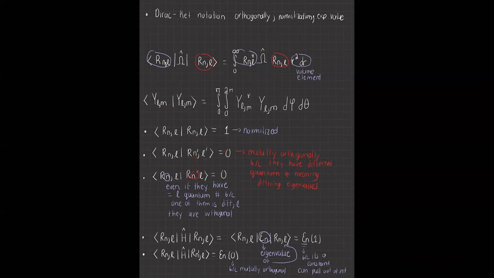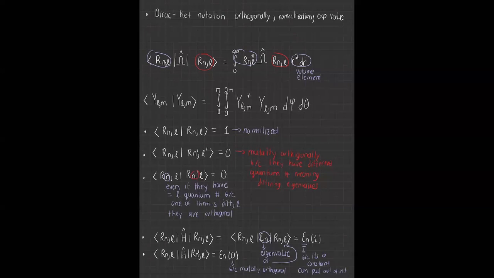This means they're mutually orthogonal, meaning that they have different eigenvalues, which means they have different quantum numbers. Because a different l will result in a different eigenvalue, they're going to be orthogonal to each other. And even if one is different and the other is the same, they're going to be orthogonal to each other.